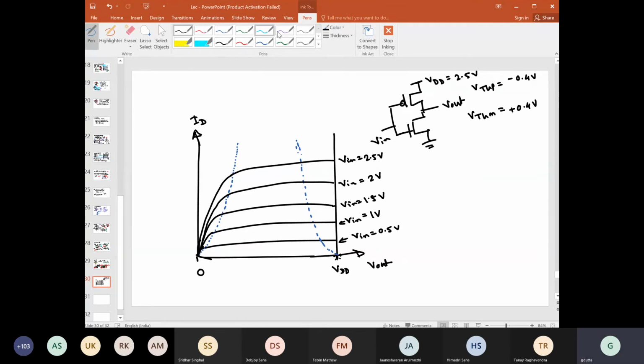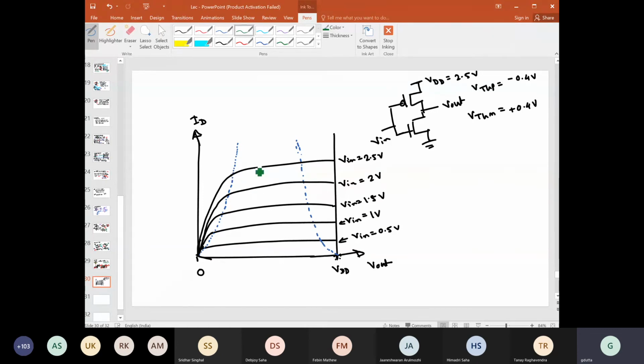Now in the last page, when we were discussing this PMOS characteristics, we have seen something else as well. For NMOS, as you increase V in, the characteristics will move like this, but for PMOS, as we increase this V in, we will see that it will fall below.